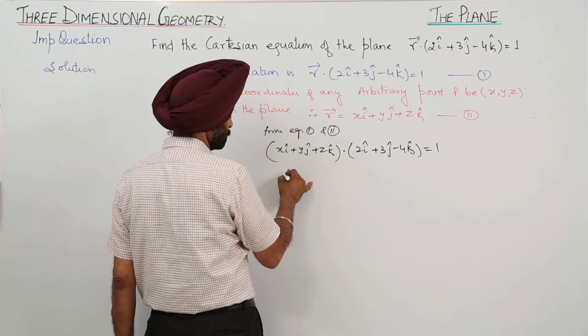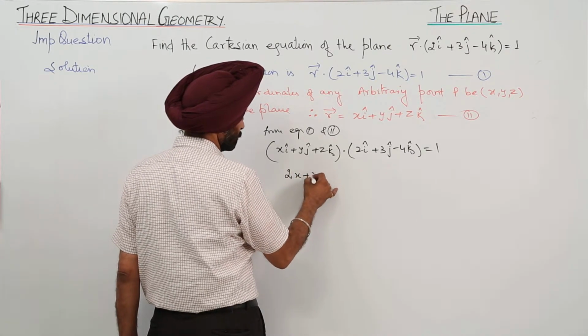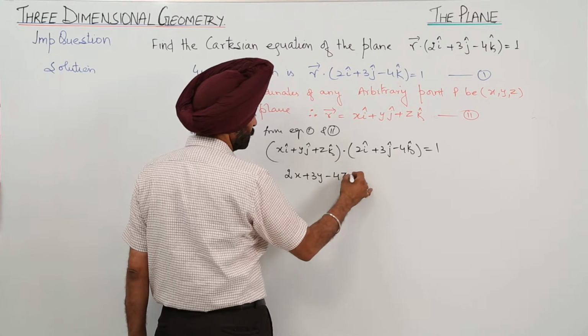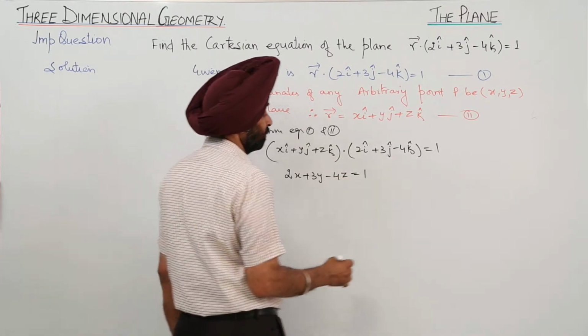Now this becomes 2x plus 3y minus 4z is equal to 1.